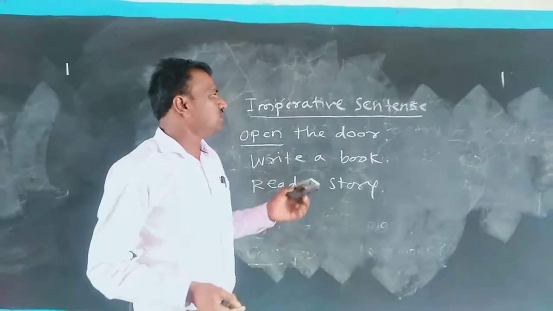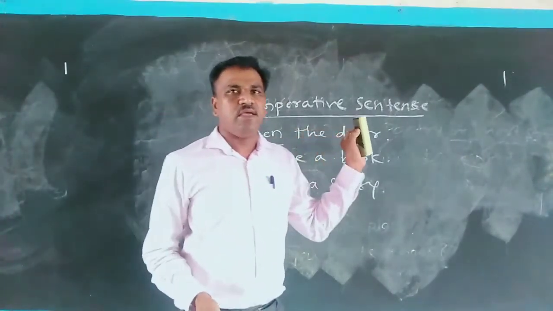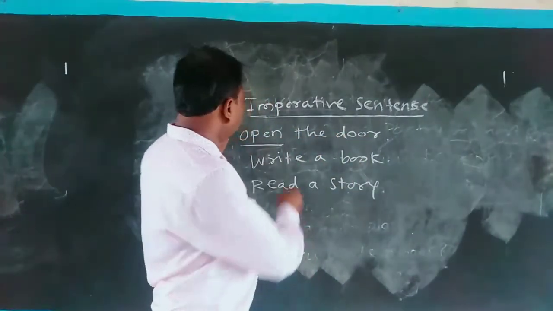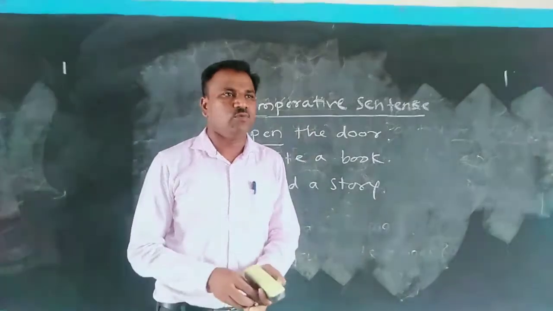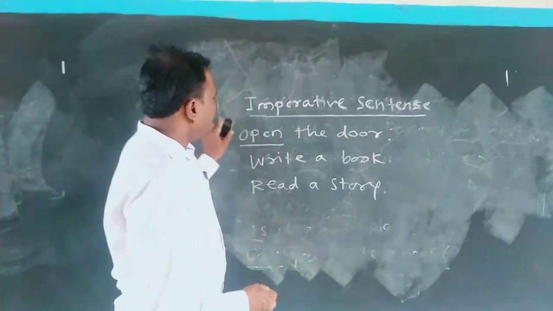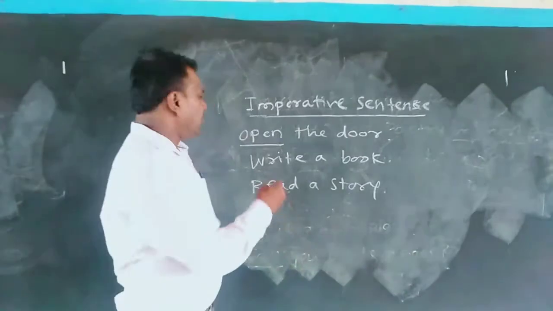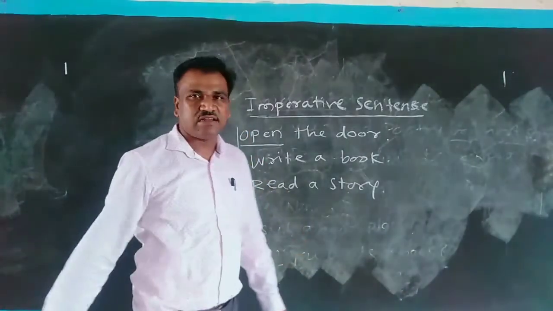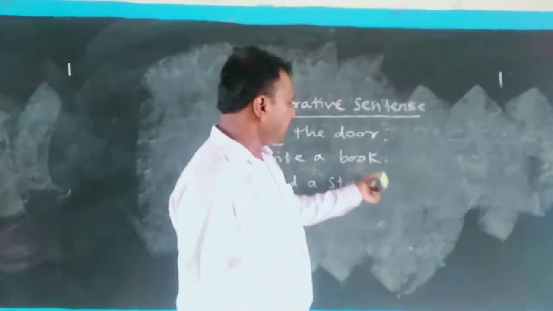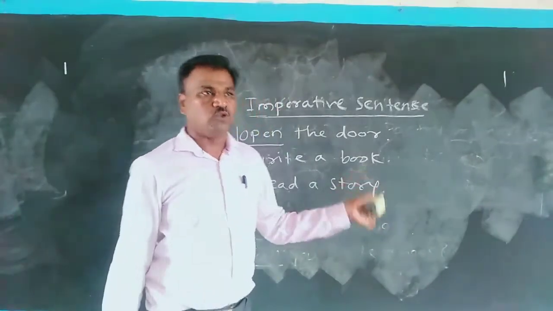All these are the words which come in imperative sentences. So these imperative sentences begin with verbs, and it is very easy. There are many main verbs in English, and this sentence ends with a full stop.